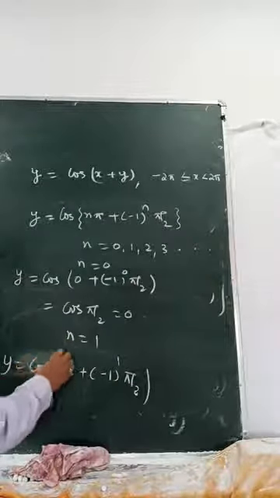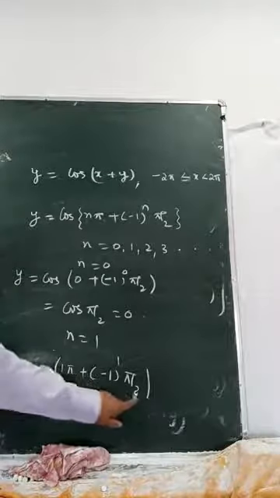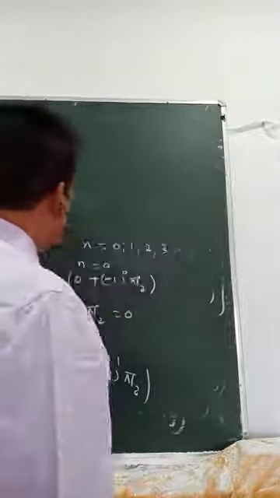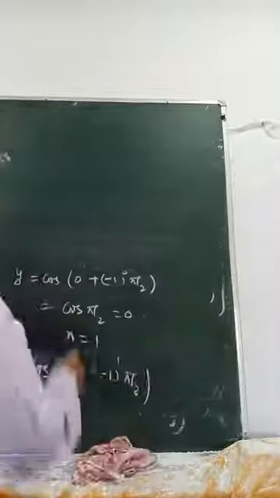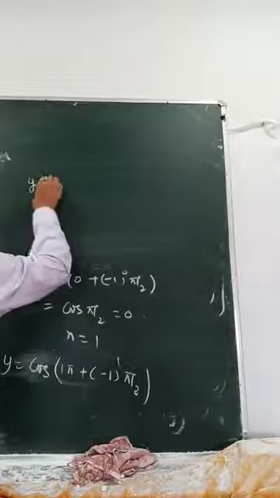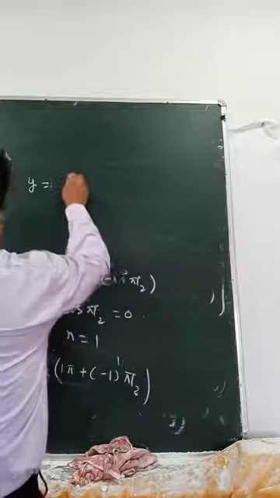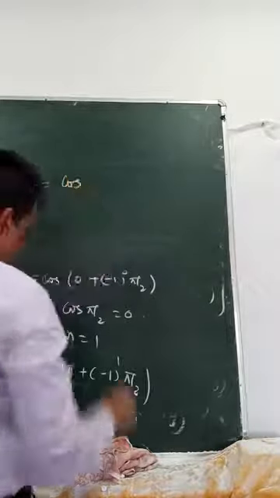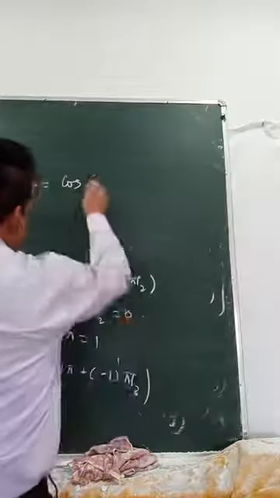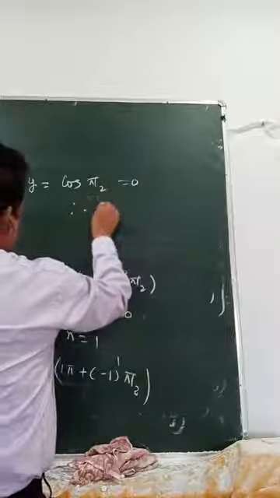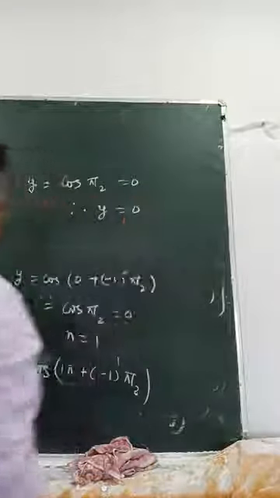That means y will be cos of pi minus pi by 2. Again cos pi by 2, that is 0. That means the conclusion is y is always 0.